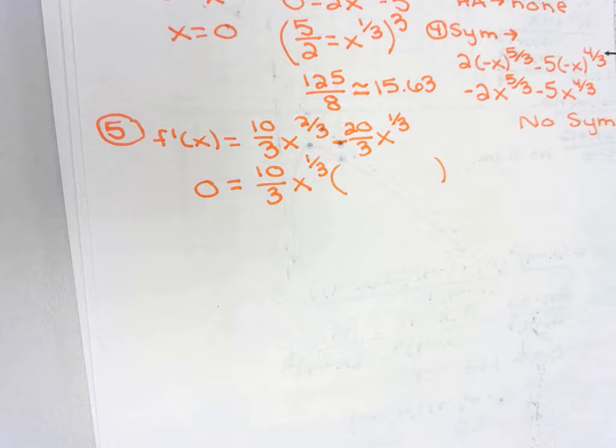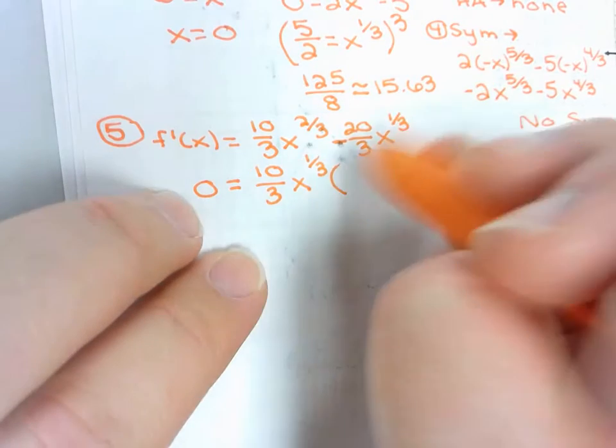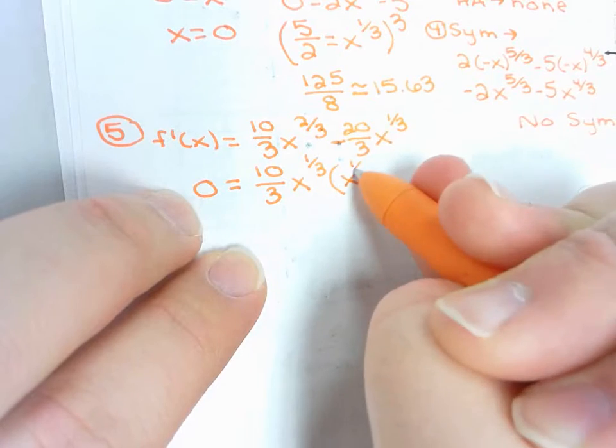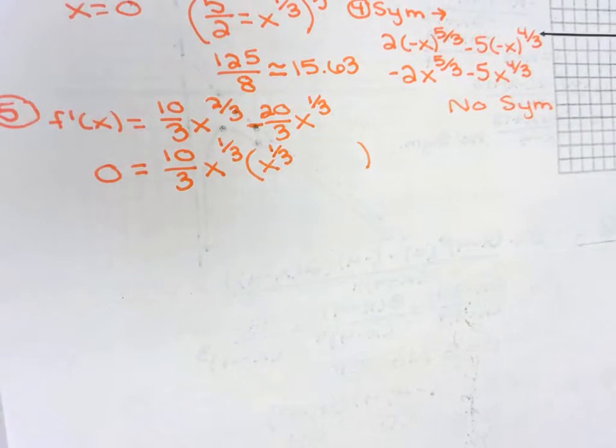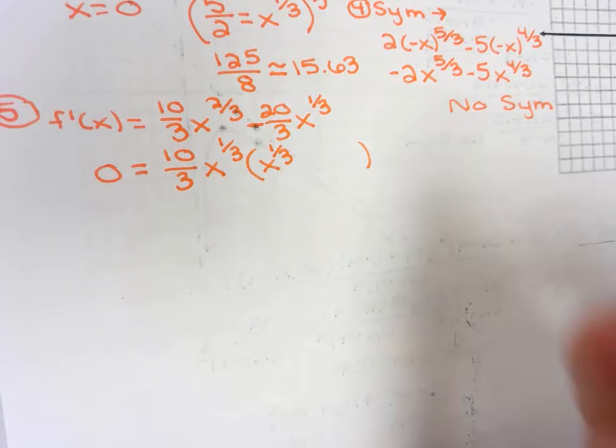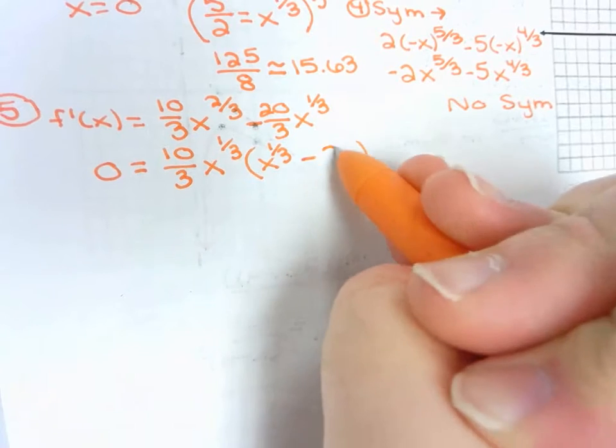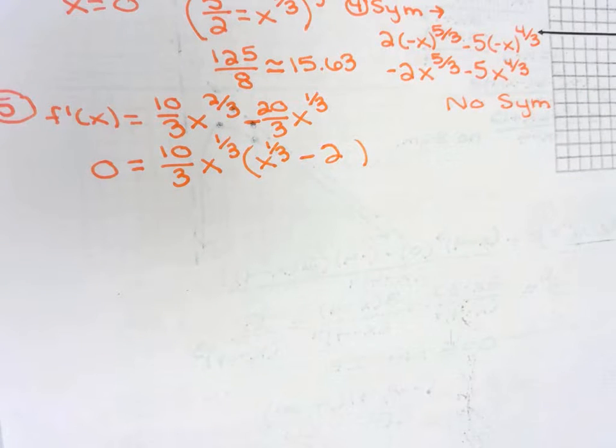So now x to the 1/3, because you add your exponents, so 1/3 plus what gives me 2/3? 1/3. Minus, what, 2. Okay, set each part equal to 0.